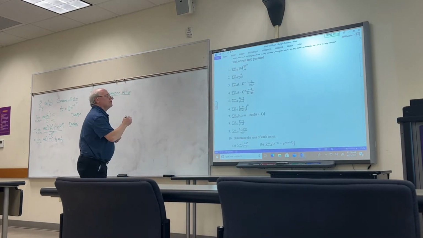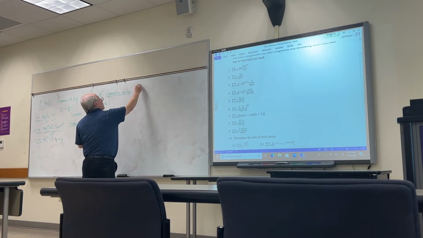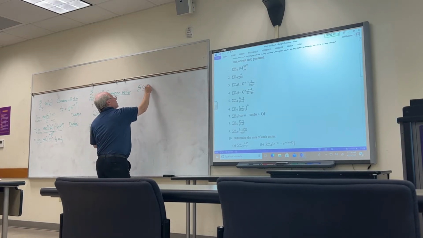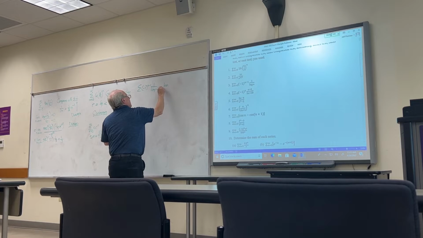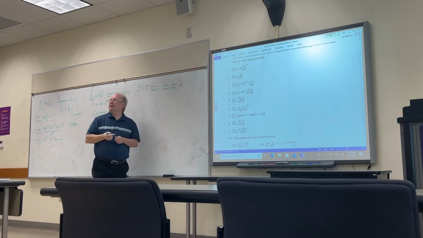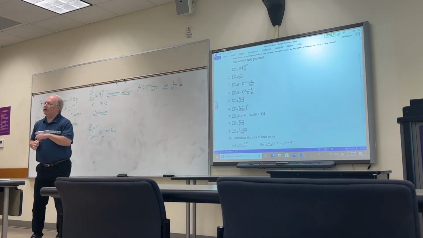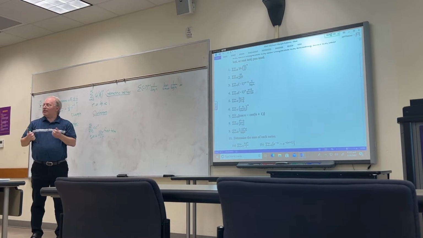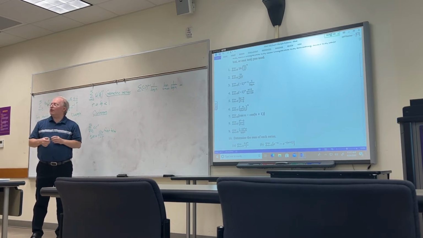If we're looking at number 3, where the terms are -1 to the n minus 1 times 1 over the log of n, what is the limit as n goes to infinity of 1 over the log of n? Zero, because log of n gets large without bound.